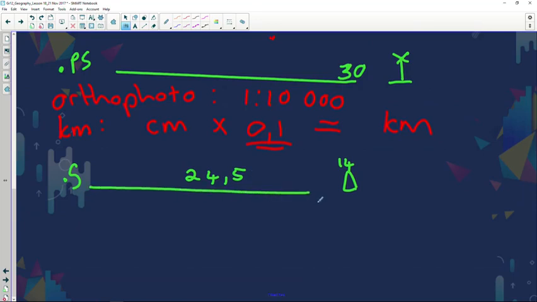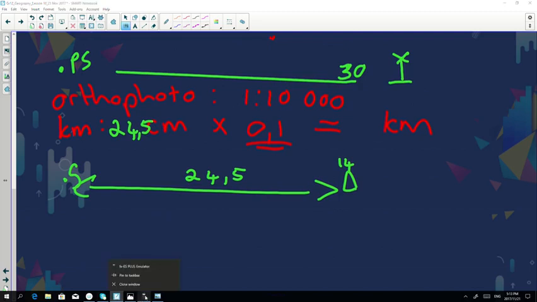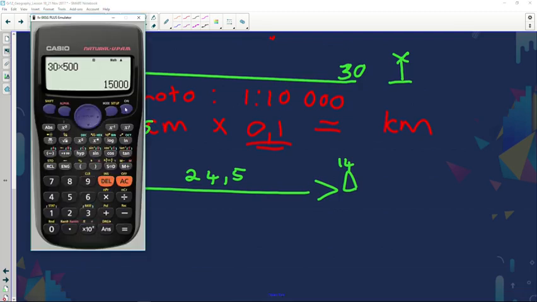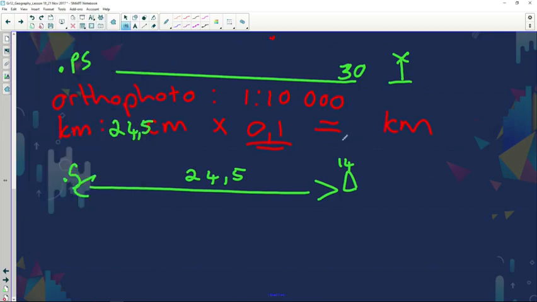So it's 24.5 times 0.1. Let's do the calculation. It's 24.5 times 0.1, and my answer is going to be 2.45 kilometers.